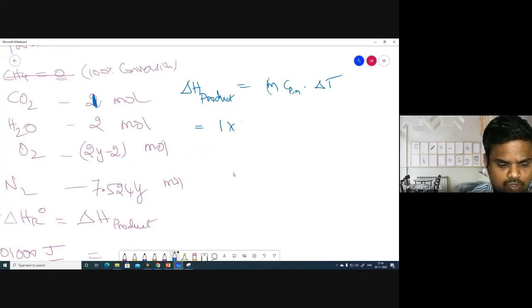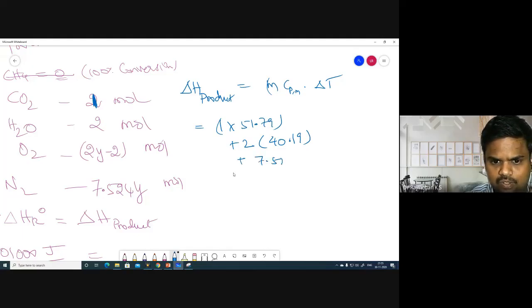This is 1 mole of CO2, for which the value given is 51.79, plus 2 moles of water, corresponding value 40.19, plus 7.524 into y, which is the nitrogen, its corresponding value is 32.15, plus for oxygen, the amount is 2y minus 2, and its value is given as 32.4. Please check it.